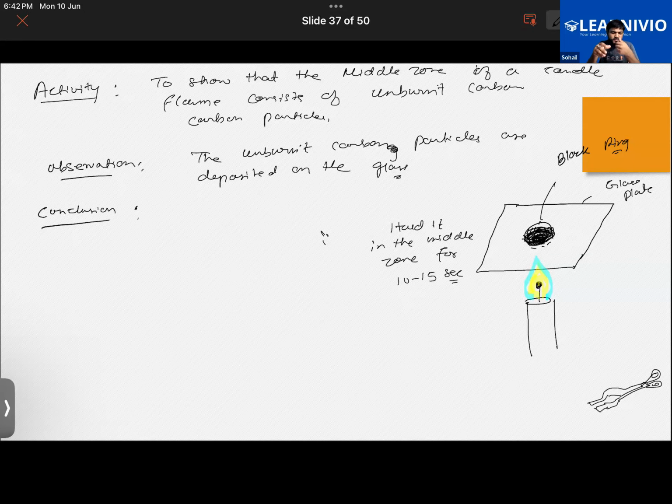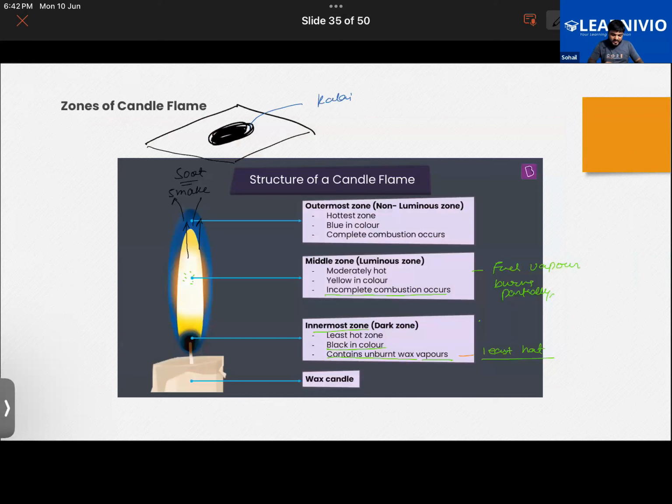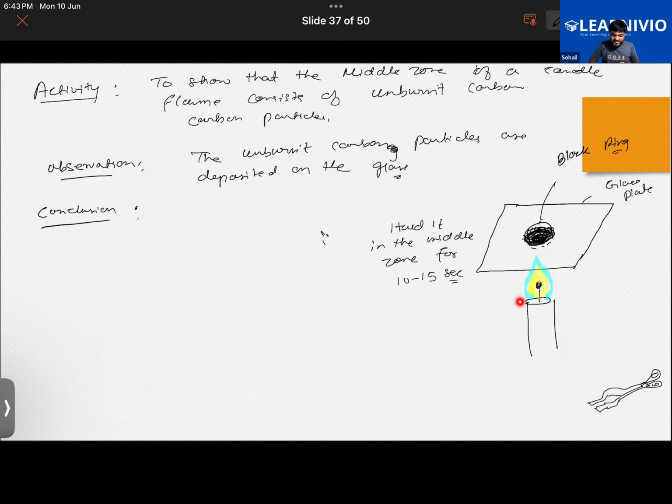We have learned that a candle upon heating turns into wax vapors, and those wax vapors also contain carbon particles. So in the middle zone, partial combustion of wax vapor is producing unburned carbon particles, and that gets deposited over this glass, which you see as a blackish ring.